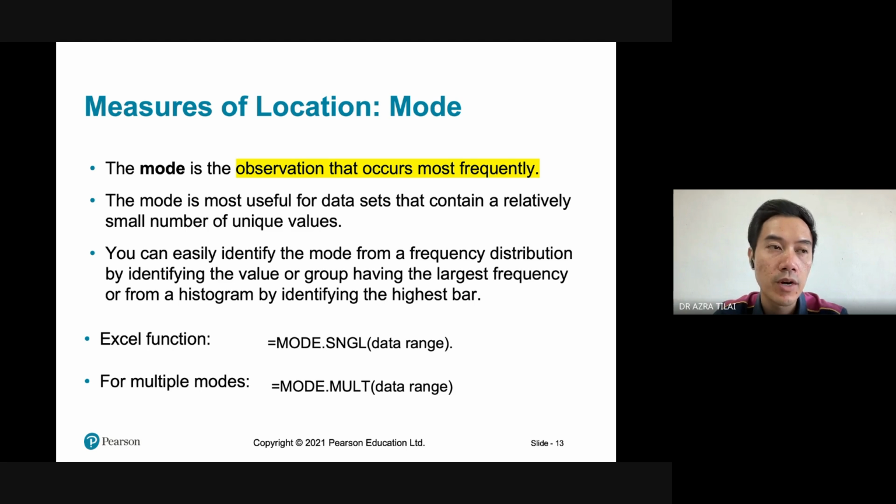What if you want to observe a certain occurrence, for example sound, a different kind of sound, and suddenly there's a lot of high pitched sound compared to monotonous, low, and slightly loud sound. But there's a lot of high pitched sound being recorded. That is the mode, because from the observation, it occurs most frequently.